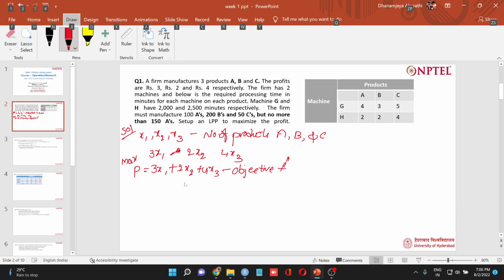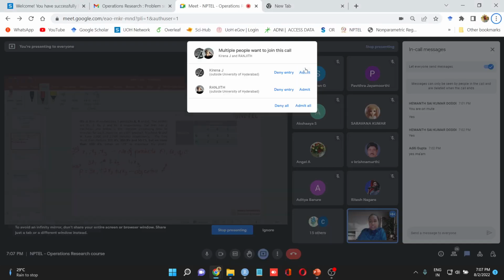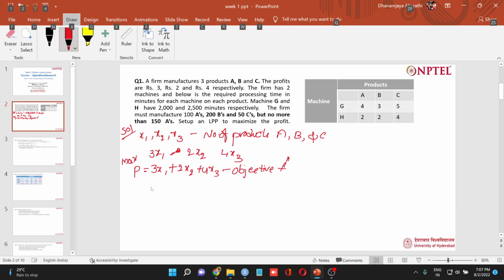Similarly, to manufacture product B on machine G it takes 3 minutes, and product C takes 5 minutes on machine G. So the overall time on machine G to produce all the products is 4 minutes for each product A, that is x1 products, 3 minutes for each product B, and 5 minutes for each product C.